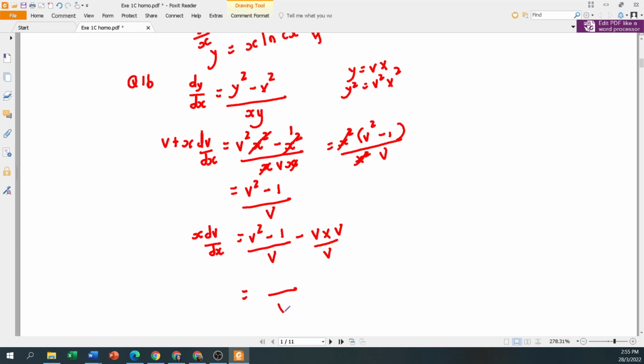So you have over v, v squared minus 1, and this is minus v times v, so minus v squared. So you have negative 1 over v. So now it becomes a separable equation in terms of v and x.